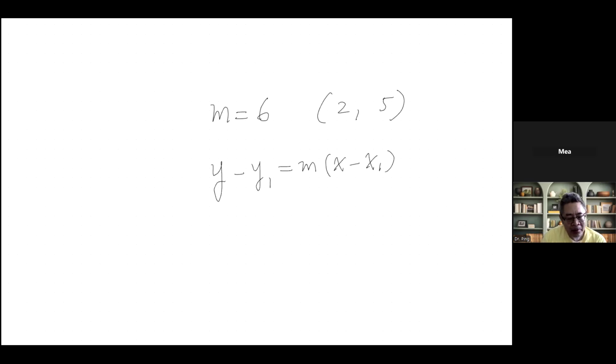Very good. Good job. Okay. Let's say m equals -3. Then the point is 2 and 9.